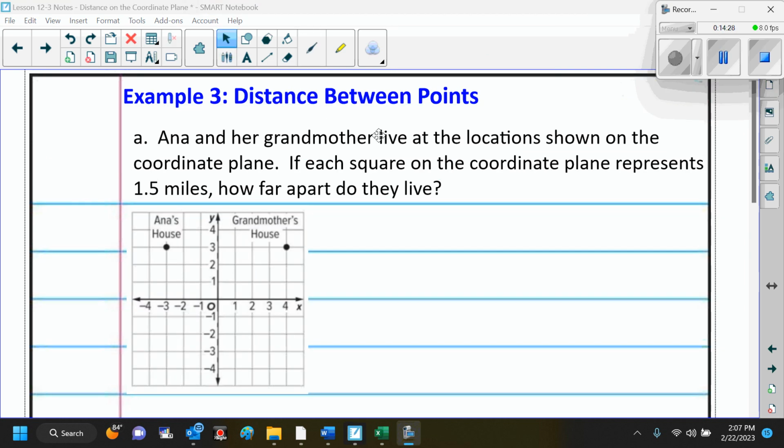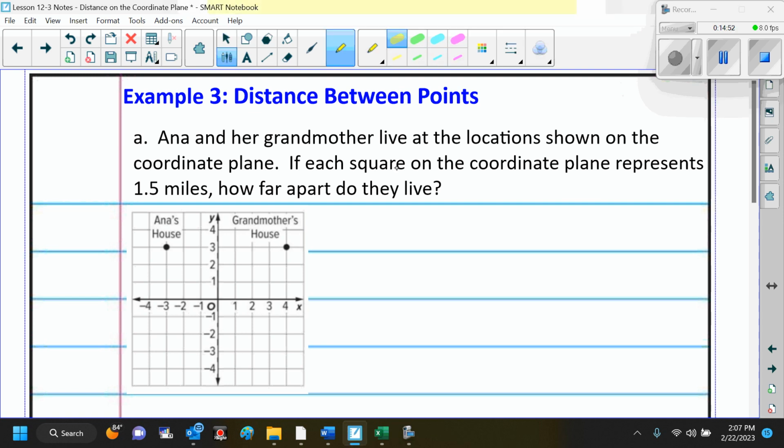All right, example 3 is distance between points. It says here, Anna and her grandmother live at the locations shown on the coordinate plane. If each square on the coordinate plane represents 1.5 miles, how far apart do they live? So this one has an extra step, okay? So first we want to highlight our important information here.